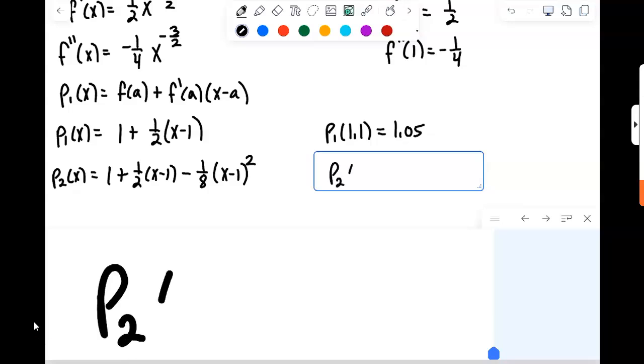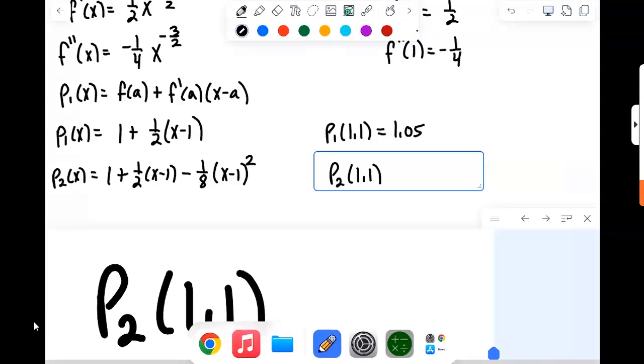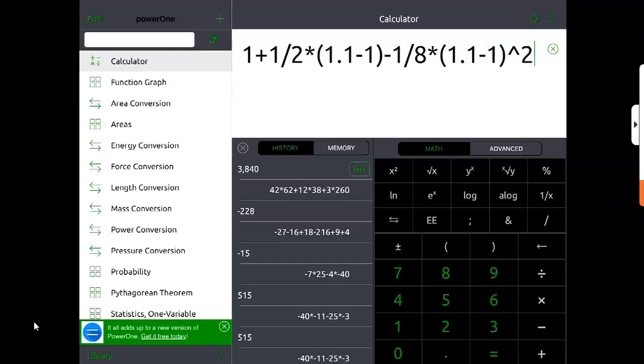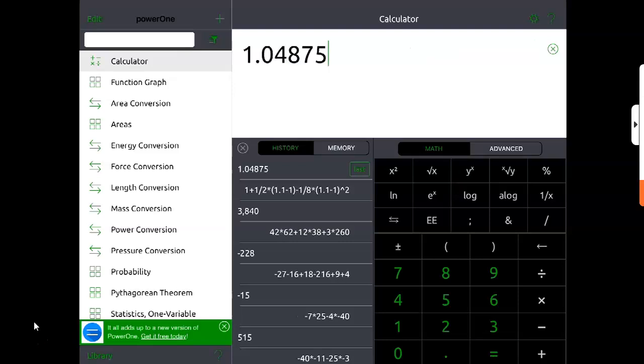And we can again evaluate that at 1.1 as well. And this is one where I'm just going to quickly jump onto a calculator for that. 1 plus 1/2 times 1.1 minus 1 minus 1/8 times 1.1 minus 1 quantity squared. Okay, so we get 1.04875.